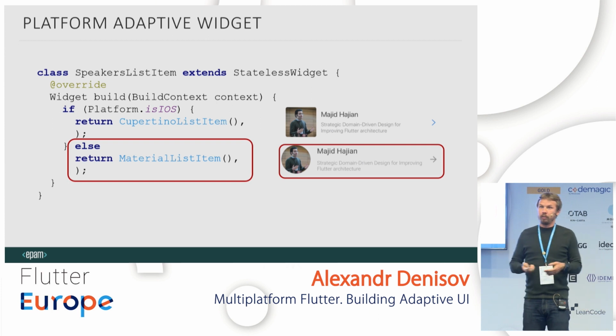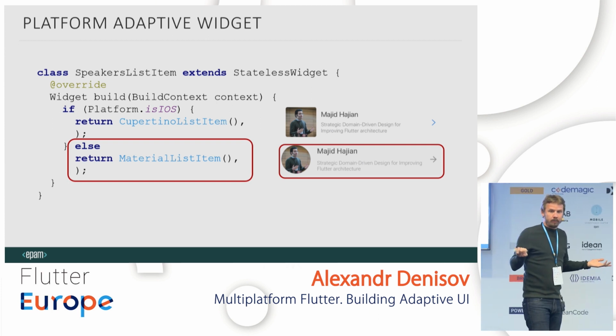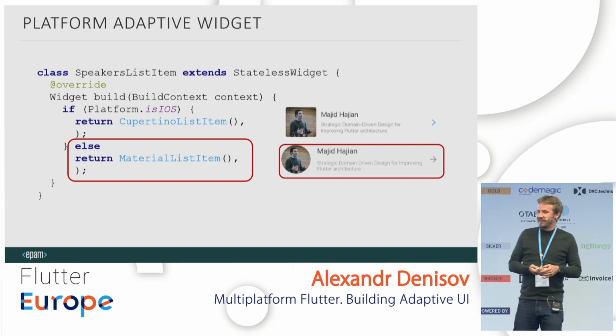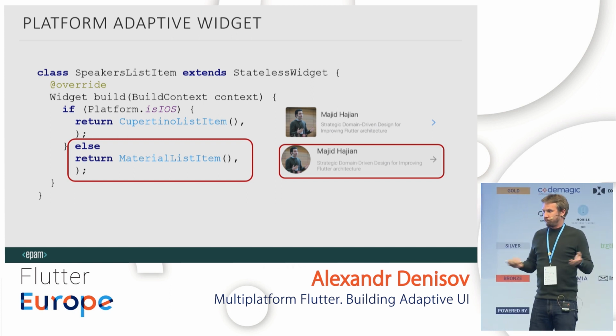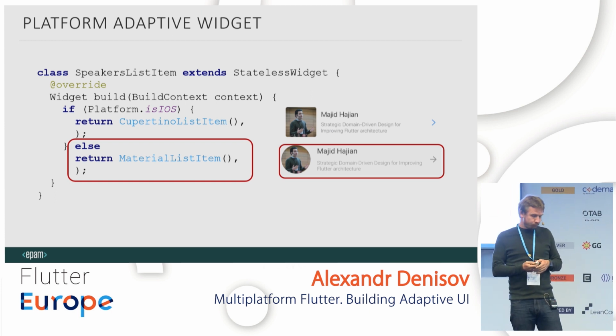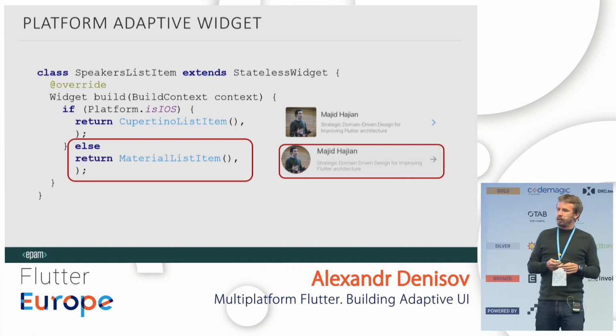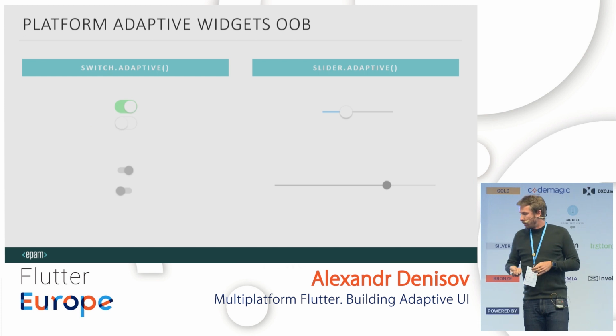And I just use these list items inside list view, and everything works. And don't worry about what platform is current. This is standard way to create platform adaptive widgets.